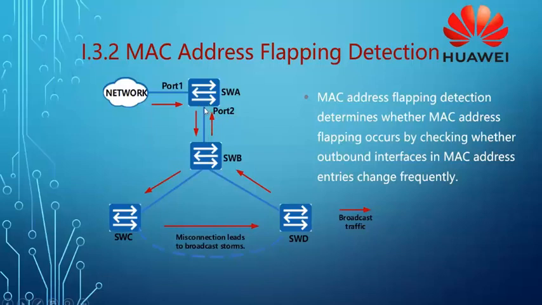Here on switch A, on port 2, the detection mechanism checks whether the outbound interface in MAC address entries changes frequently. When it is enabled, it can block or mitigate this flapping of the MAC address in my table.